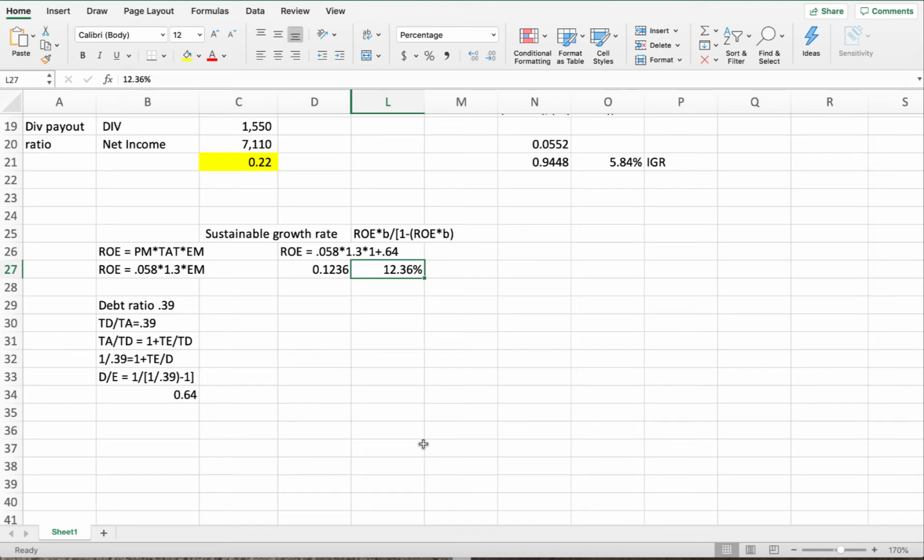So guess what? Now I need to figure out, okay, what is my retention ratio, or what's that plowback, right? Well, that's easy. To figure out what B is, I just take 1 minus the dividend payout ratio.